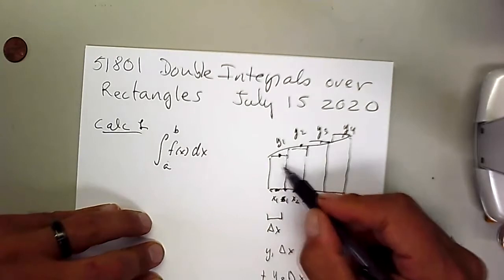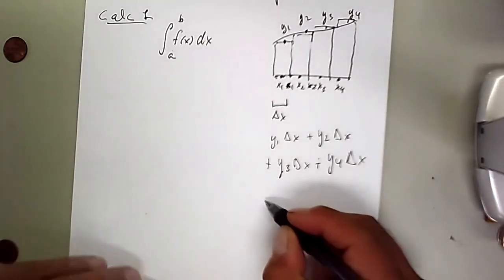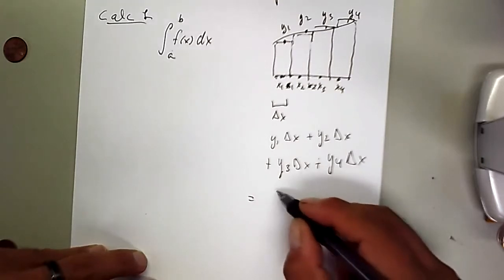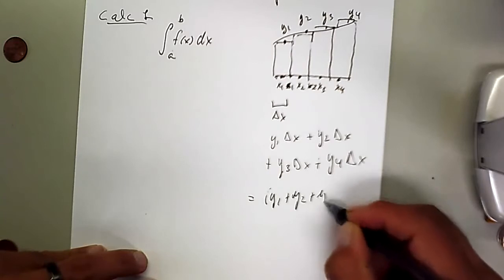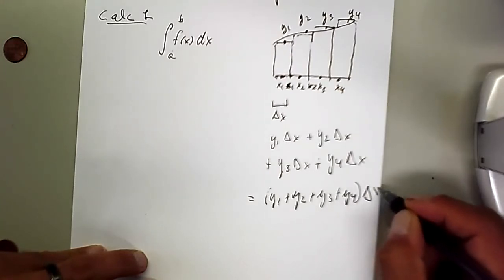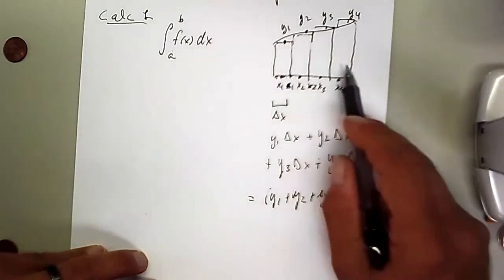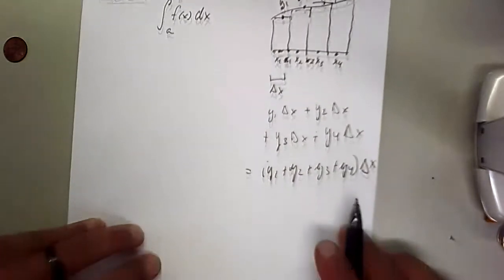That is the sum of those 4 rectangles. And then we can factor out the delta x. So we have y1 plus y2 plus y3 plus y4, times delta x, that is another way to rewrite the sum of the areas of those rectangles.